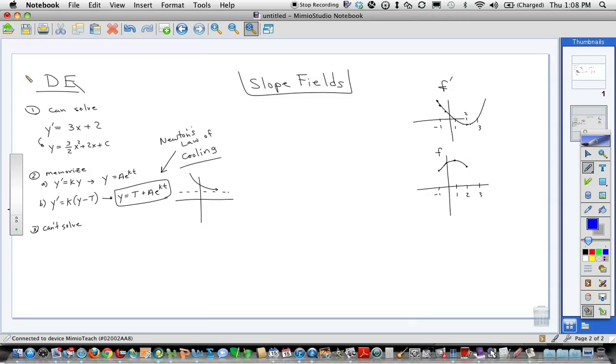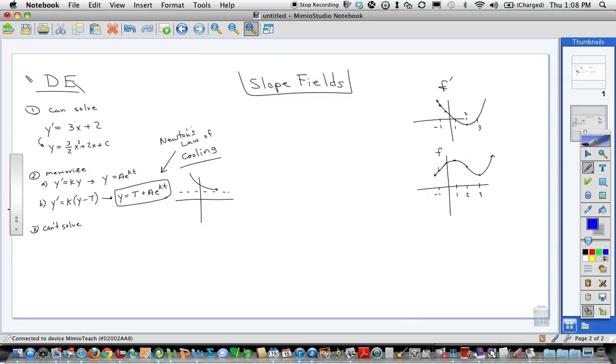Now the slopes are negative but getting less negative, so it's still going down, but it switched to concave up. There was an inflection point there. And then we got positive and more positive, and it comes back up, and that's what we did. Now, we didn't know where it was, but that was our shift.